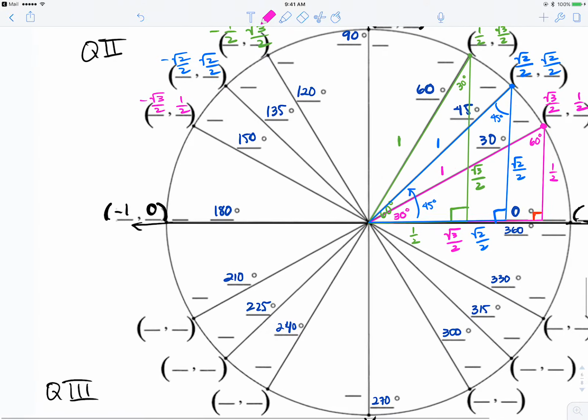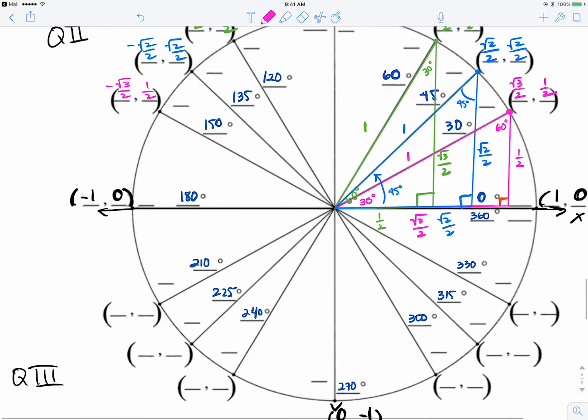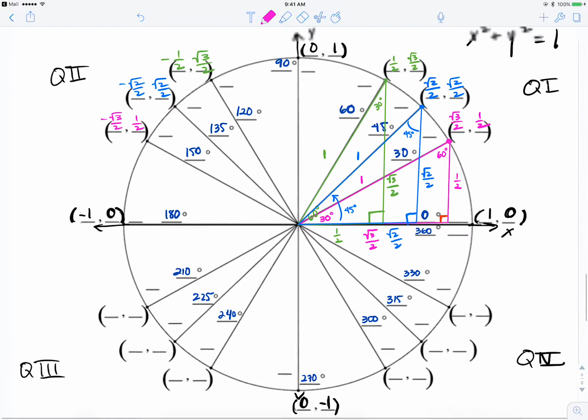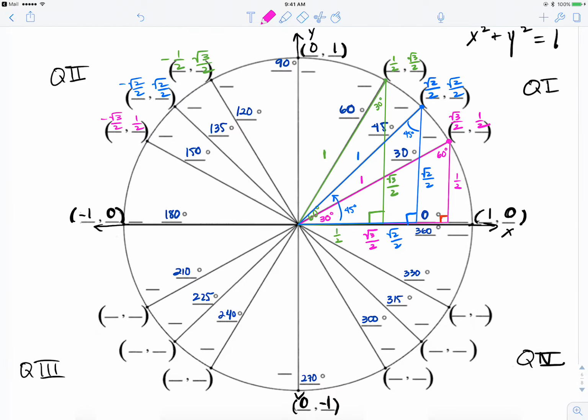Okay, so let's use quadrant 2 to help us fill in quadrant 3. Okay, so the point at 210 degrees, we could think of as a reflection about the x-axis of the point at 150 degrees.